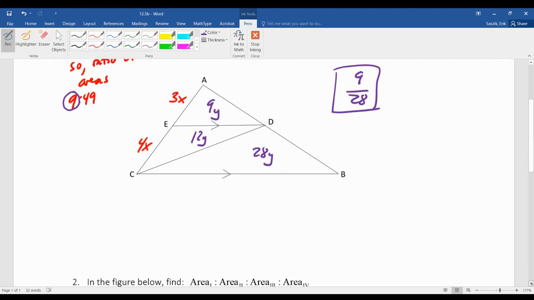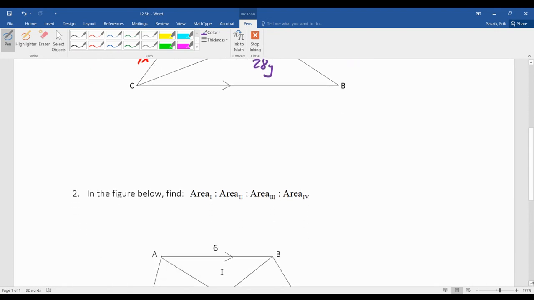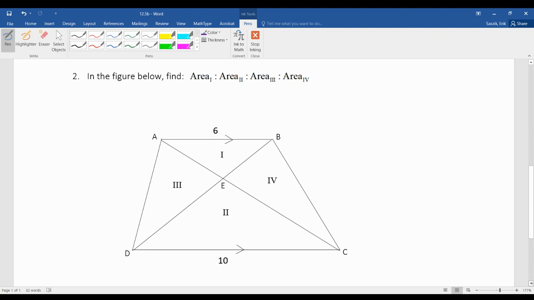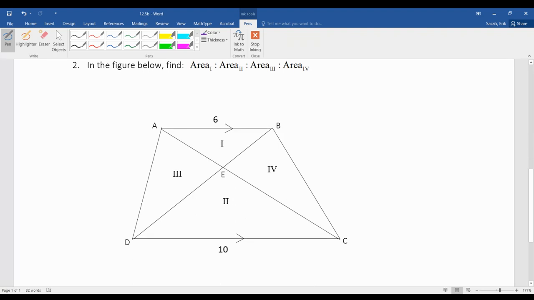Again, I hope you tried it first yourself. And then this one down here, we use some of the same ideas, and some of these ideas will be used in your homework for sure. You have a trapezoid and four triangles, but I hope you're seeing right away that triangles 1 and 2 are similar because of alternate interior angles.